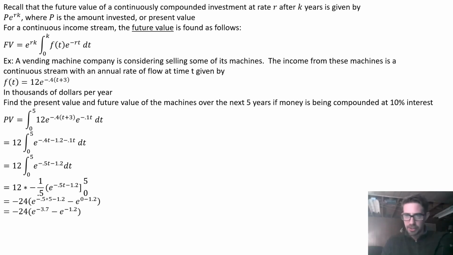Then just stick all this into your calculator, however you do it, in one big move, and you get 6.635. Remember, that's in thousands, so you could say 6.635 thousand, or it's probably simpler just to say $6,635.30.